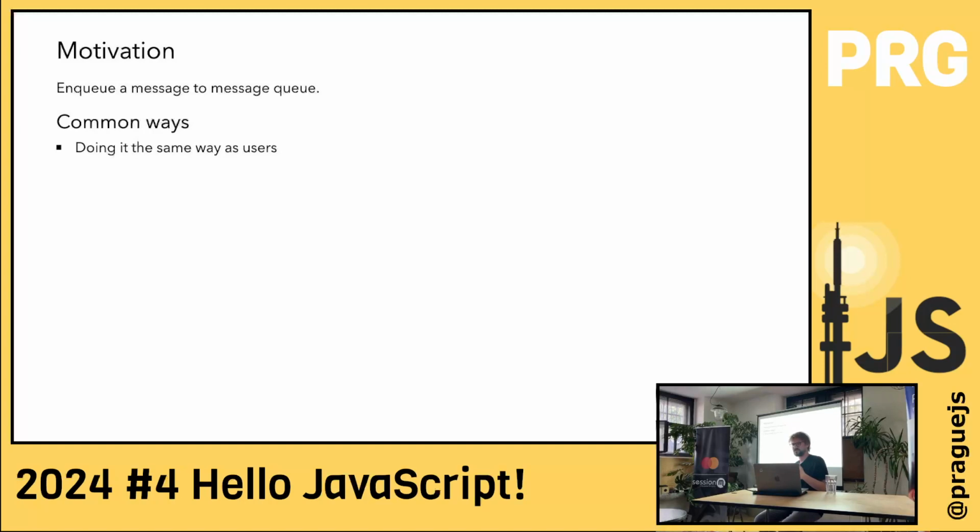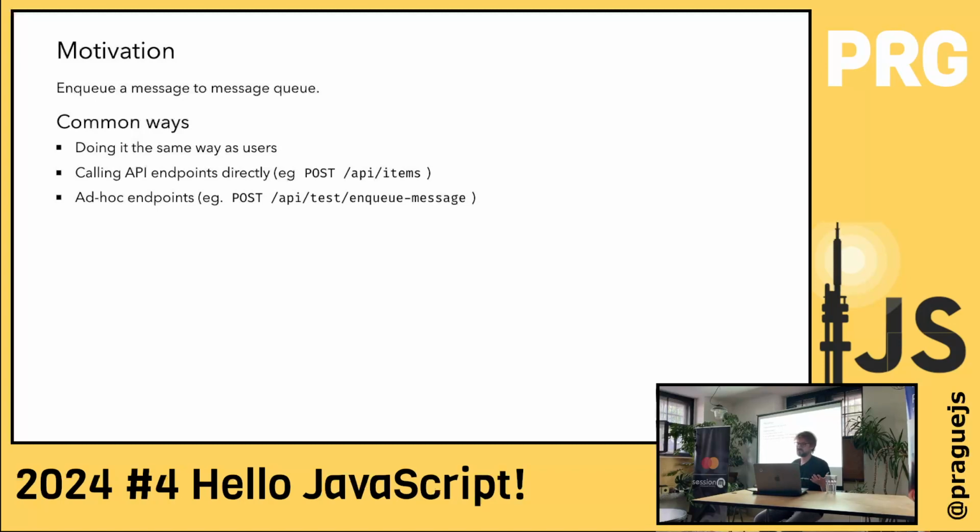The first way we'll be doing is the same way as users. It means getting to the same page, clicking the same button, and that results in calling an API endpoint, probably. So we would call the endpoint directly, but that means you would still have like all the other side effects of calling the endpoint, not just enqueuing the message.